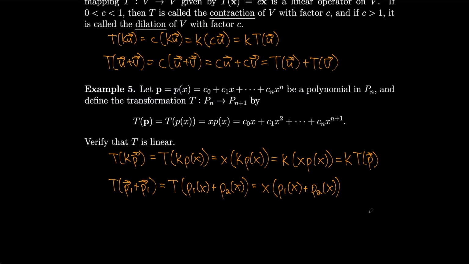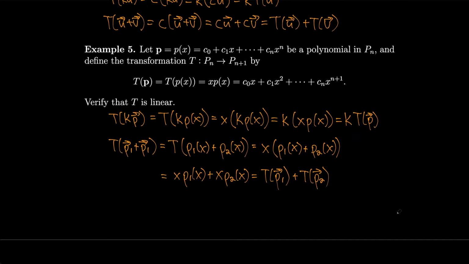And we can distribute the x. So that'll be x times P1 of x plus x times P2 of x. And that'll be, well, x P1 of x is just T applied to P1, and x P2 of x is just T applied to P2. Perfect, so T is linear.